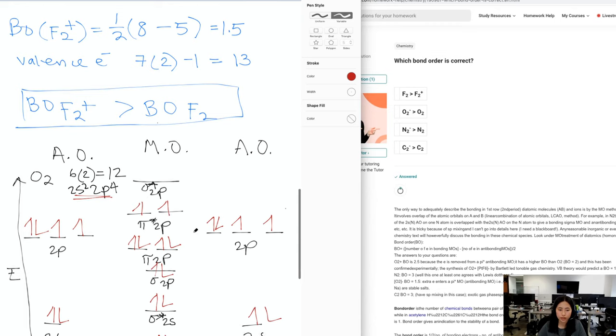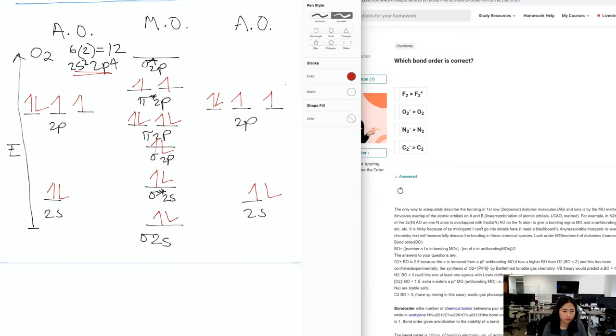So now let's look at the bond order for O2. The bond order of O2 in this case is going to be 1/2 times the number of electrons in your bonding, right?